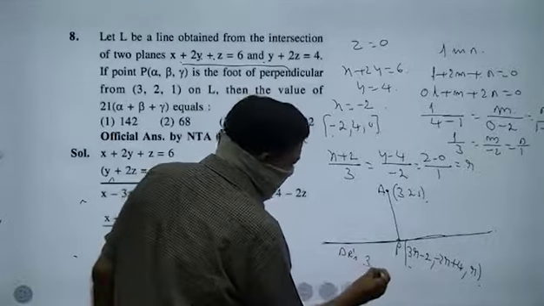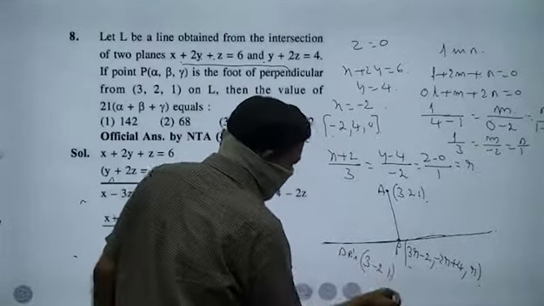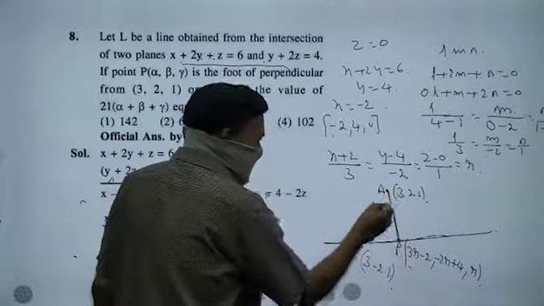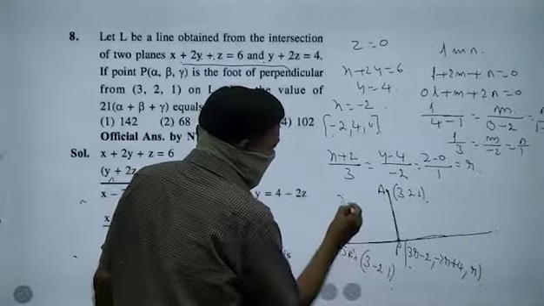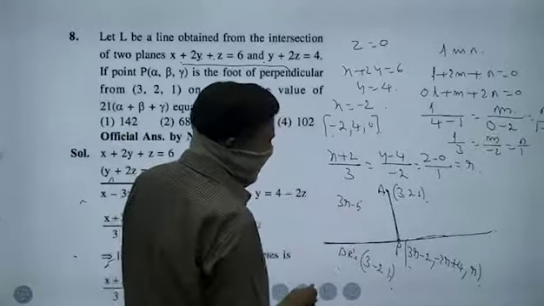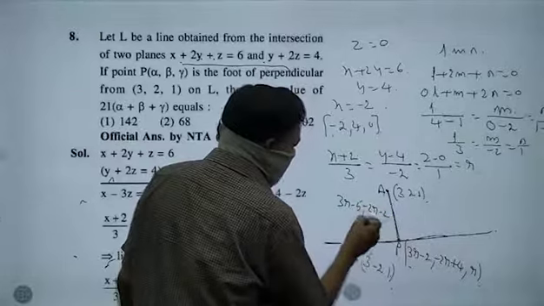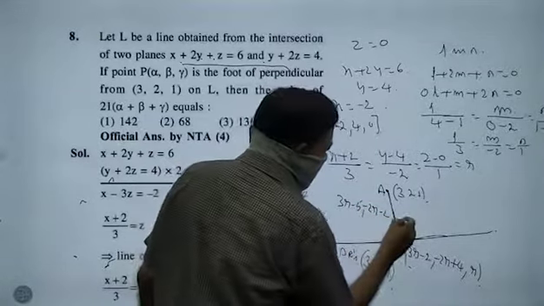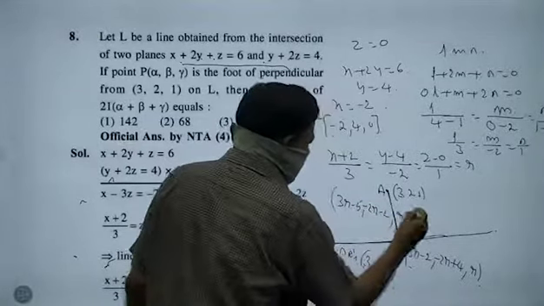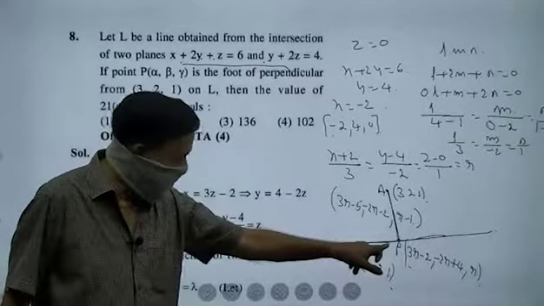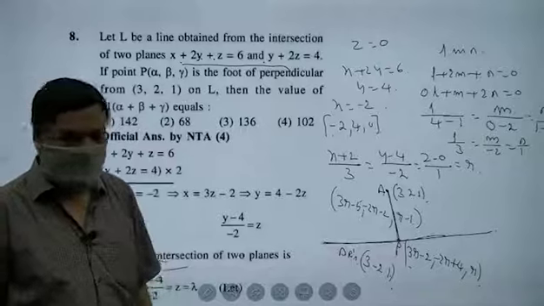DRs of this line are 3, minus 2, 1. What are the DRs of this line? This minus this means 3r minus 5, minus 2r plus 2, r minus 1.